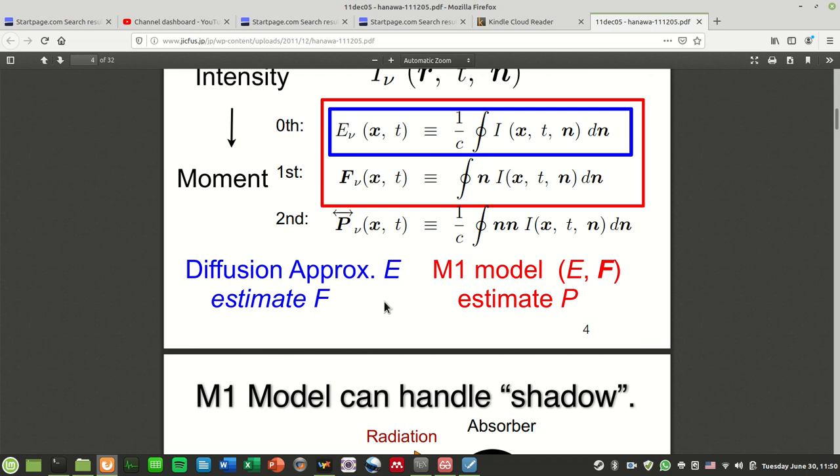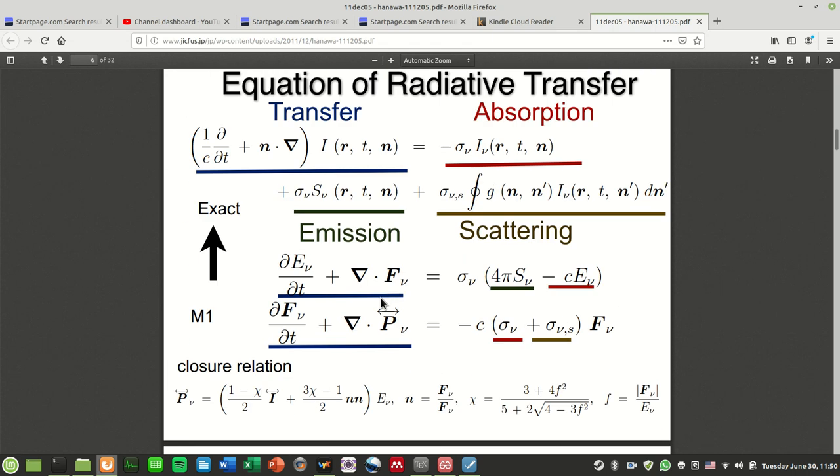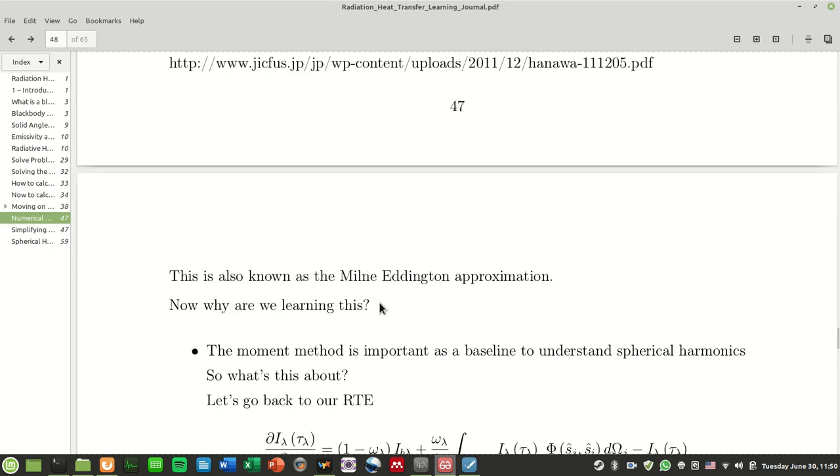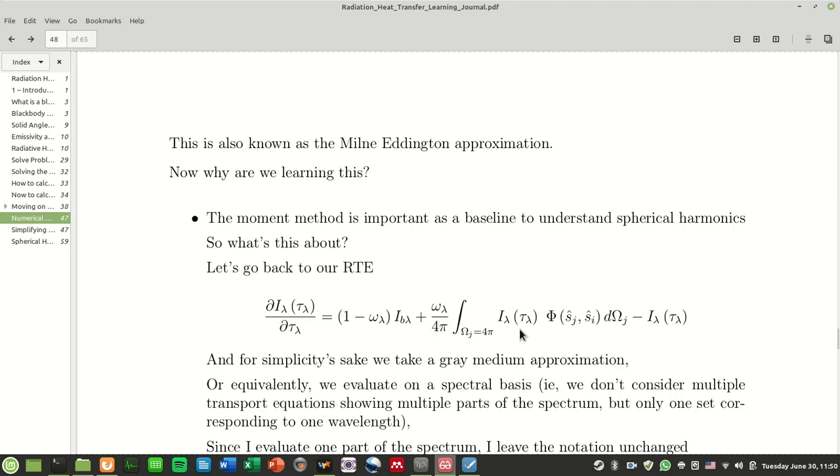It will tell you what the method is like, but I'm not going to go through those PowerPoint slides. This is also known as the Milne-Eddington approximation. This is, I think, a subset of the moment method. And it is important to know the moment method as a baseline to understand spherical harmonics.